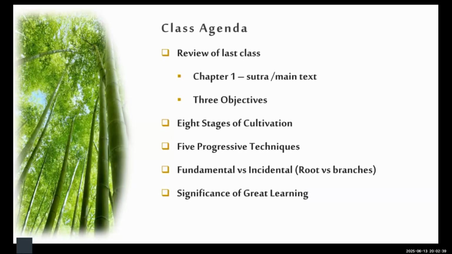You should have the handouts, and I believe most of you would have to memorize the main text of Great Learning. So I'm going to skip that, and I'm going to review the 3 objectives, the 8 stages of cultivation, and the 5 progressive techniques.